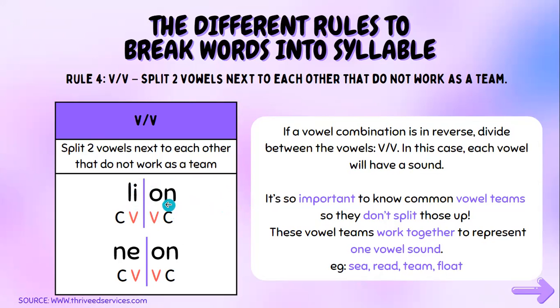But if the two vowels make two different sounds, then it's not a vowel team. For example, in the word team, the E and the A work together to make a long E sound. But in the word lion, you can hear two different vowel sounds, which are lie, so long I, and un, which is O.